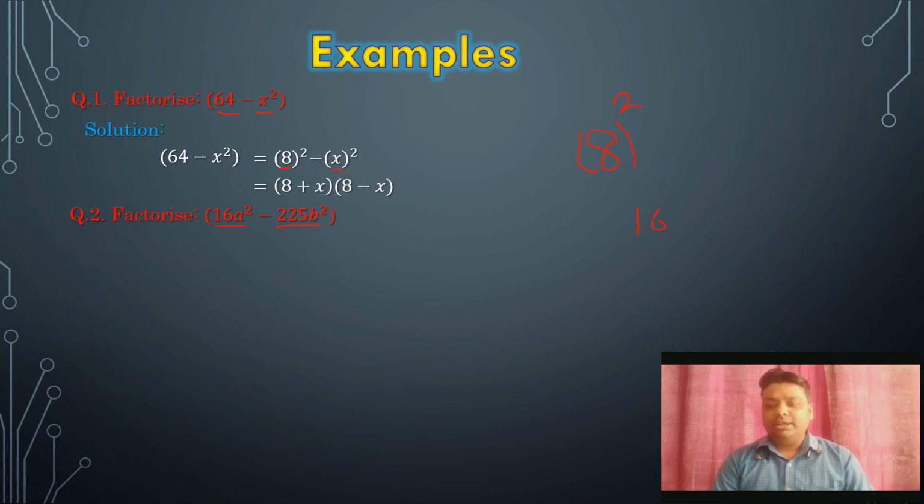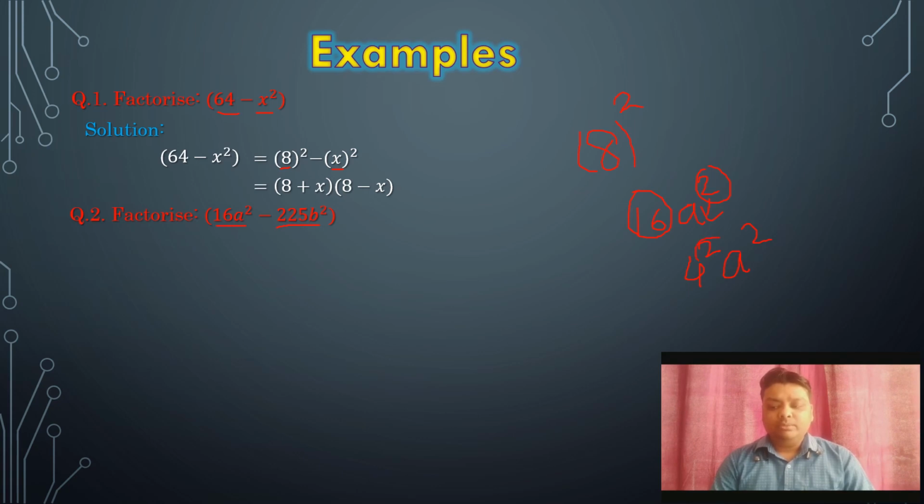In 16a square, the power 2 is on a only, not on 16, so it is not a whole power. So 16 is the square of which number? 4. We can write 4 square and a square.